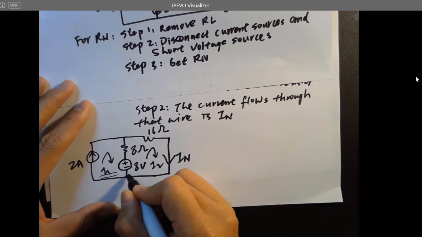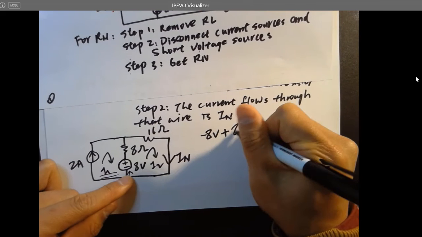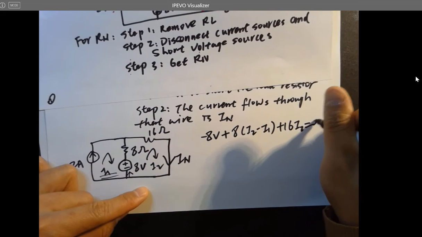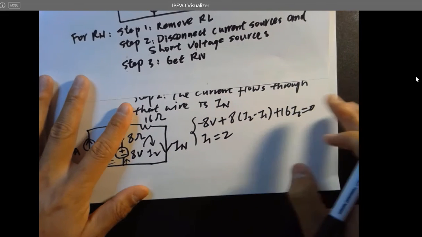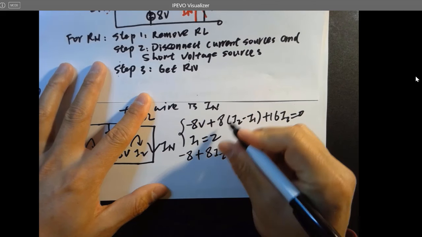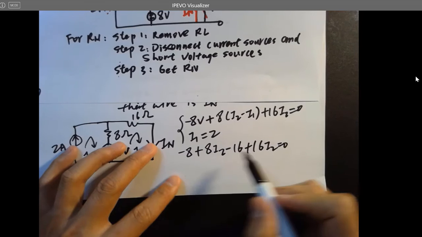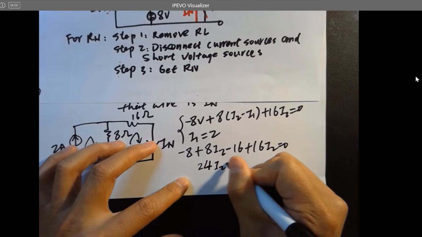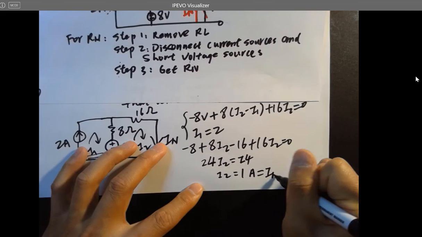So only for this mesh, traveling from here, we have minus 8 volts plus 8 times (I2 minus I1), plus 16 I2 equals 0. Substituting I1 equals 2 amps, we get minus 8 plus 8 I2 minus 16, plus 16 I2 equals 0. Moving the constants to the right side, we get 24 I2 equals 24. So I2 is 1 amp, which is exactly In.